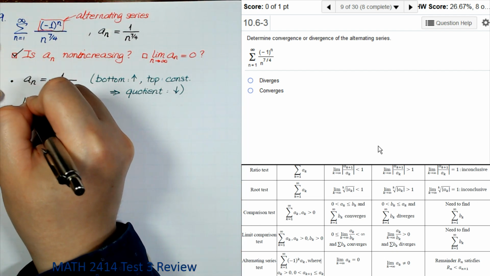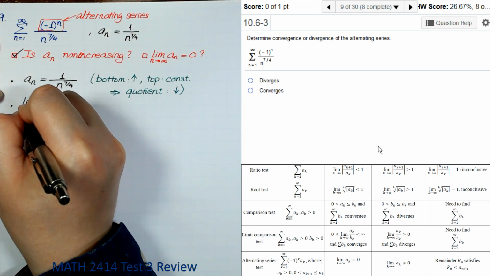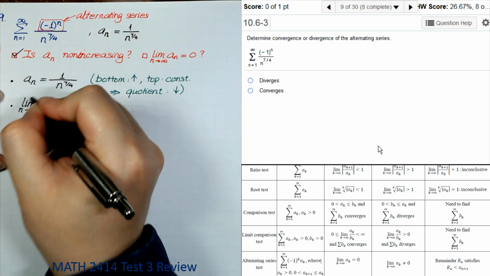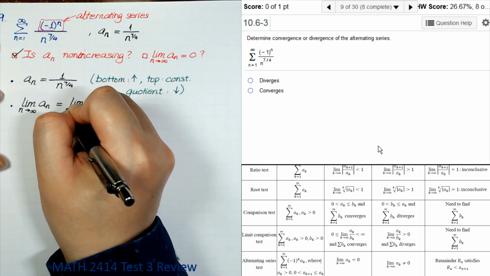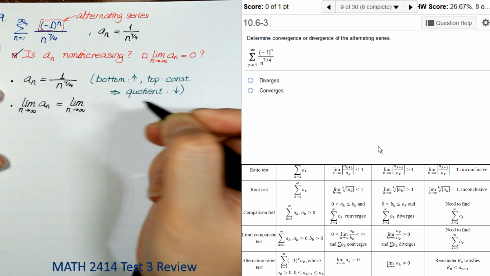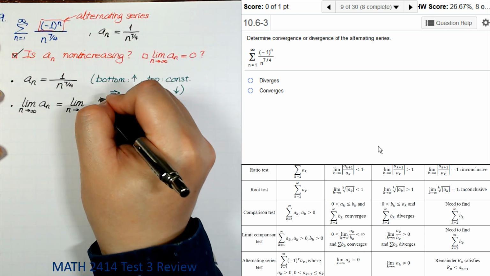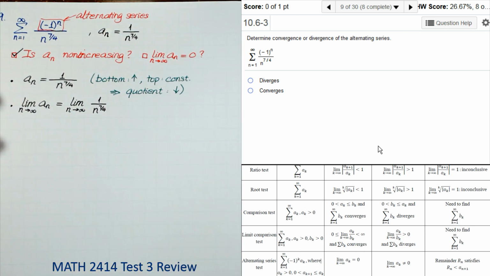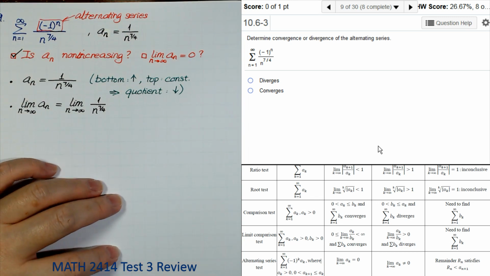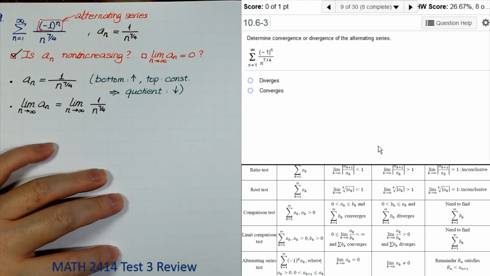And then we take the limit of h of n as n goes to infinity. At some point you can see that's kind of redundant. I mean, I should not say redundant.